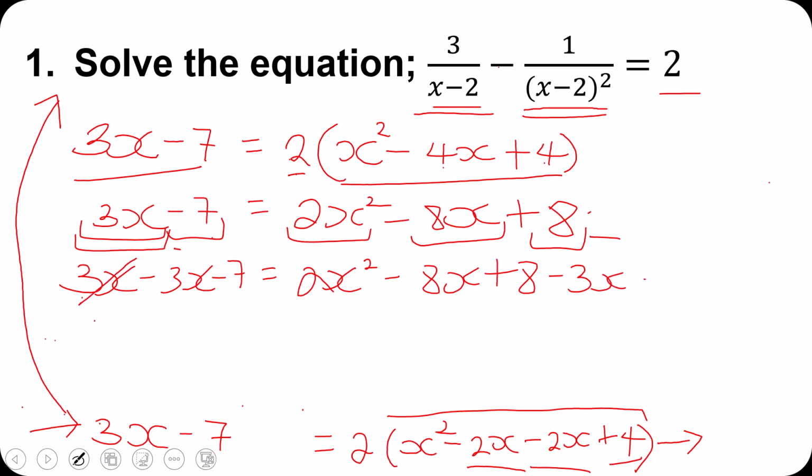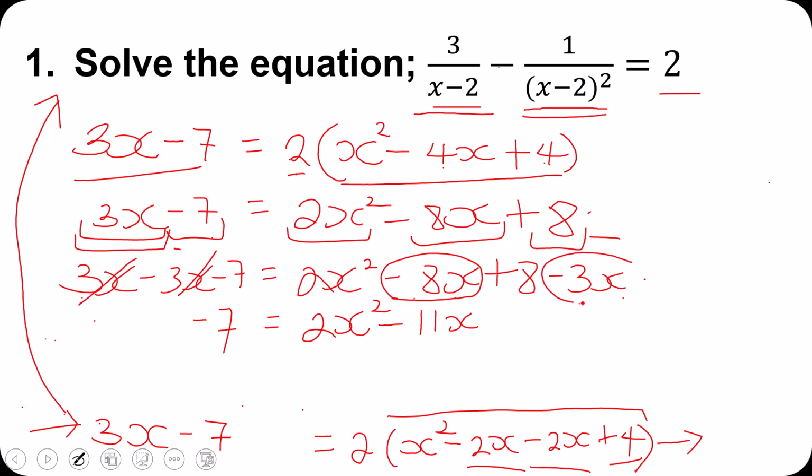Then this will go with this, we remain with negative 7 here, equaling to 2x squared, and negative 8x minus 3x will give us minus 11x. We have literally added this and this. They are both negatives, that's why we have negative 11x. Then plus 8.